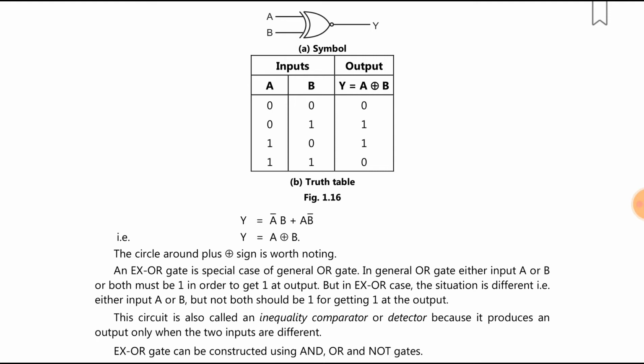But if the inputs are not similar, if one is 1 and the other is 0, then output is 1. So for dissimilar inputs, output is 1. For similar inputs, output is 0. It is represented by Y is equal to A plus B circled. So Y is equal to A bar B plus A B bar. So it is an XOR operation.